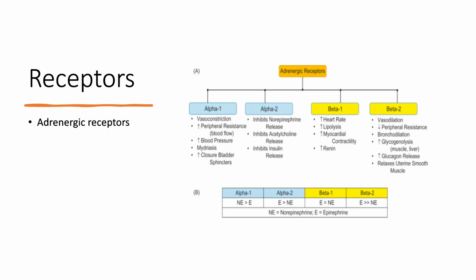Now, let's talk about beta receptors. There are two types of beta receptors as well, which are beta-1 and beta-2. Beta-1 is located in the heart. It is responsible for contractility and heart rate, so if we give a beta-1 agonist, we are expecting that it will increase the force of contractility and increase the heart rate.